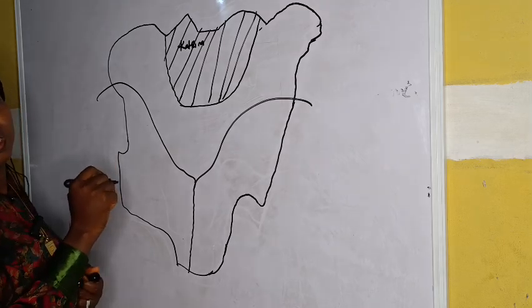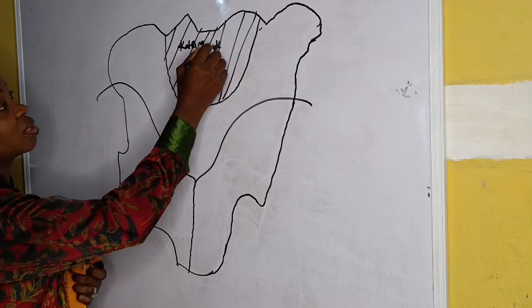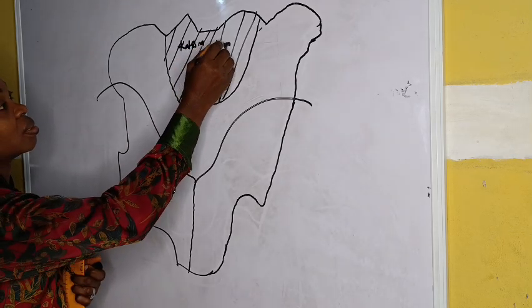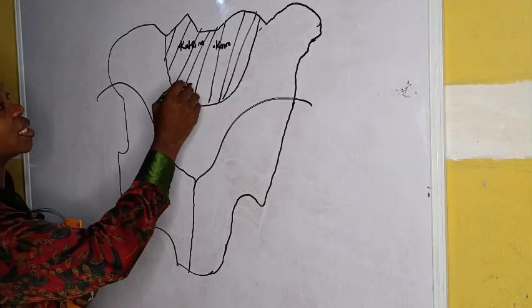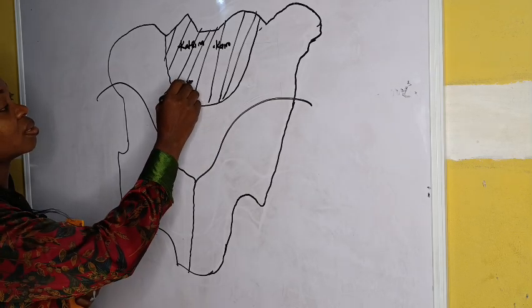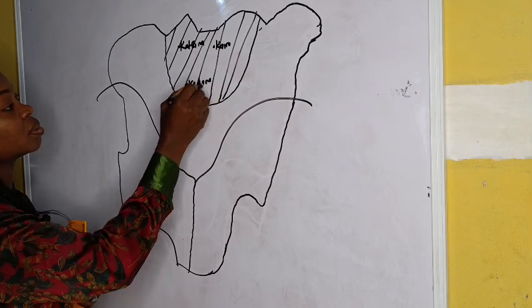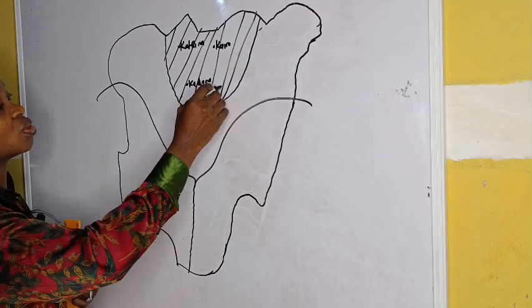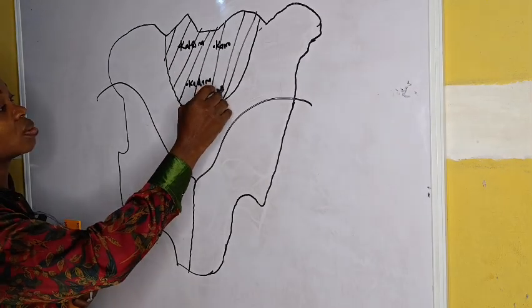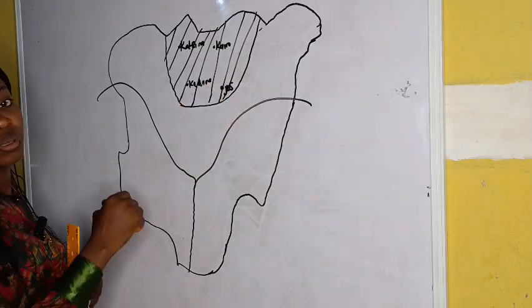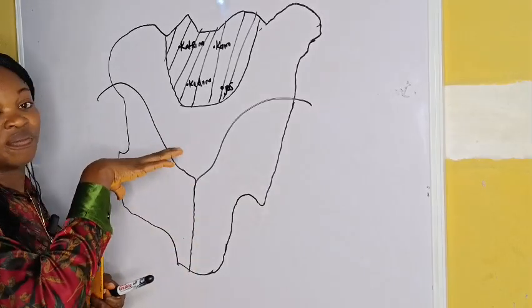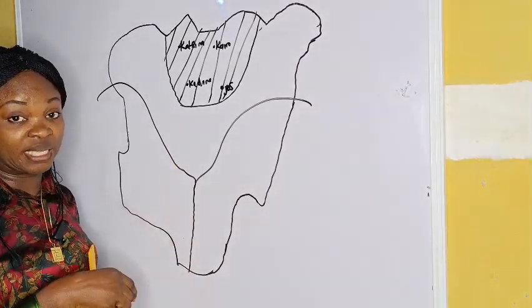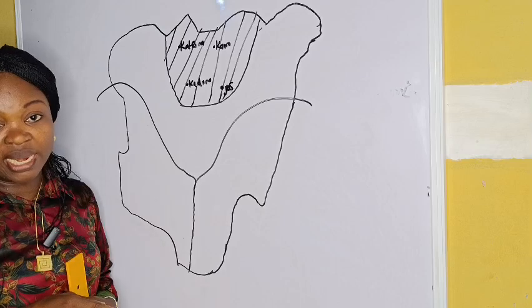Katsina. There's Kano here. There's Kaduna. There's Jos. Let us have these few states for the north central highland.